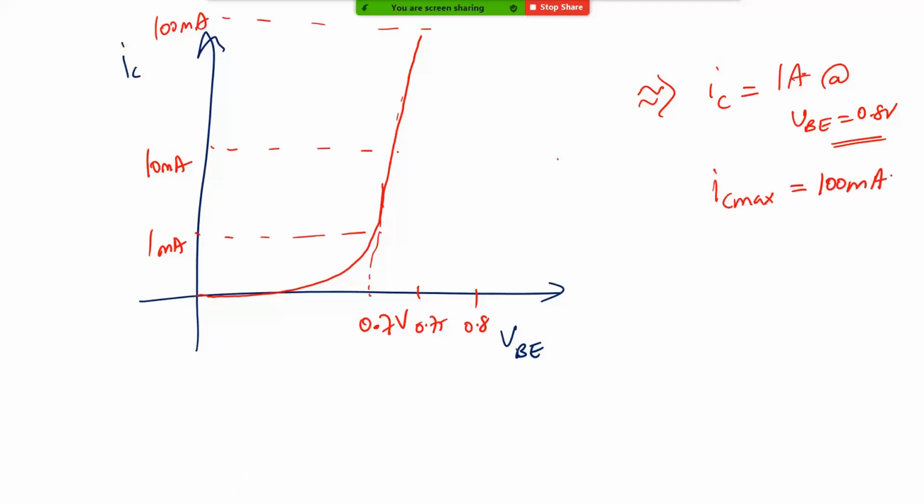That's what we saw in the data sheet yesterday, right? And also in the previous class. So what will happen as you keep increasing VBE, as you go beyond somewhere in this region? Your transistor will burn. Yes, this is what happens.